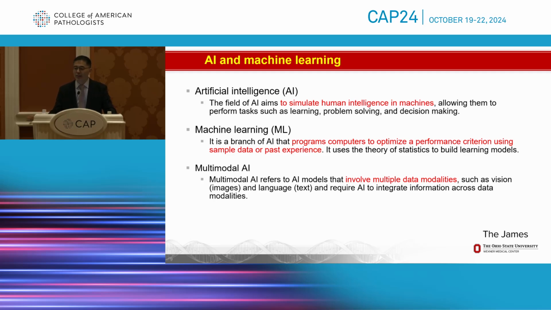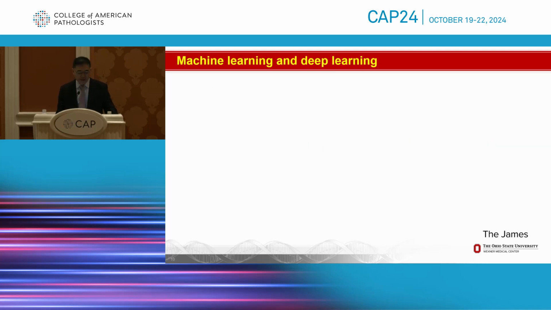Machine learning is a small branch of AI that programs computers to optimize performance criteria using data and even previous experience. Multimodal AI is an AI tool that uses multiple data modalities such as imaging, text, or even other data formats.